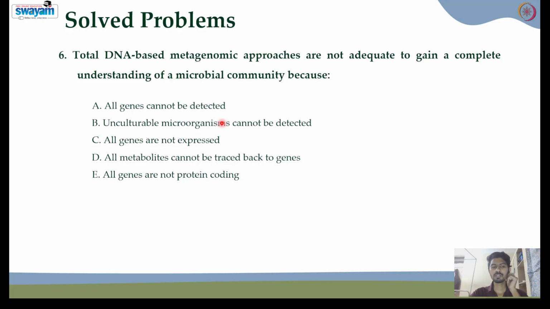I will repeat the question. Total DNA-based metagenomic approaches are not adequate to gain a complete understanding of the microbial community because it is a total DNA-based metagenomic approach. So that is why it is not able to give a complete understanding of the microbial community.